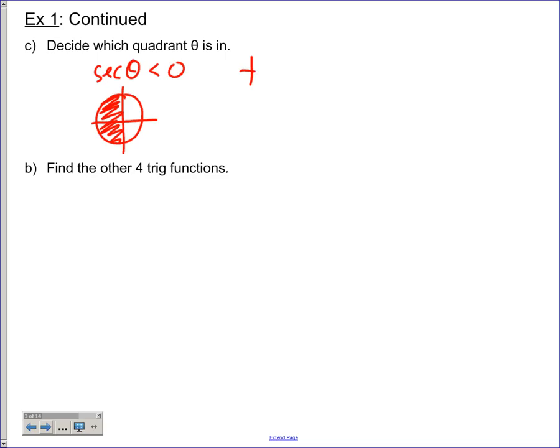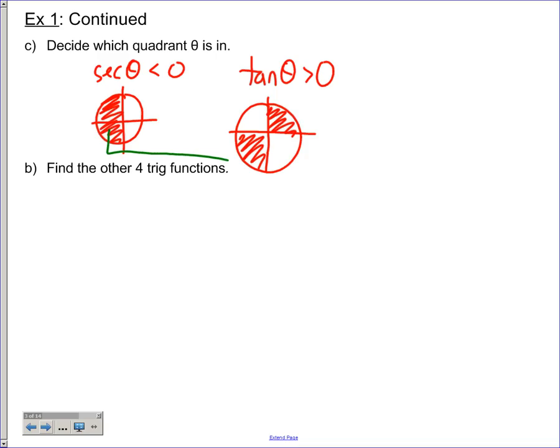Okay, the next information we have is that tangent of theta is greater than 0. Tangent is y over x, so this means our y and x values are either both positive or both negative, so in quadrants 1 or 3. Now you can see that we have Q3 in common, so theta is in quadrant 3.